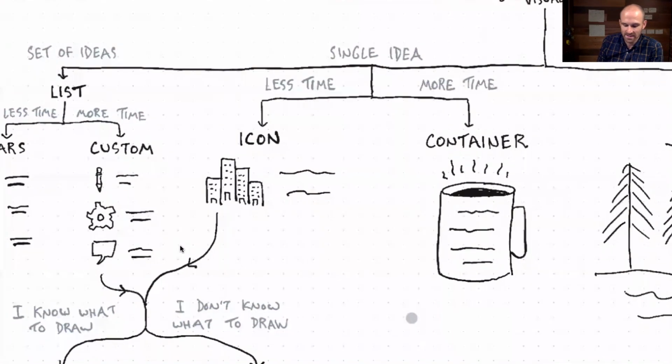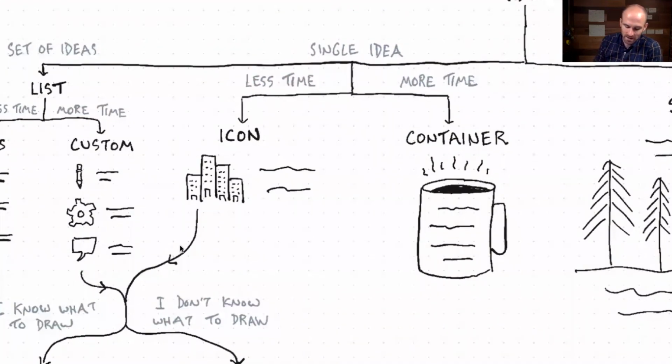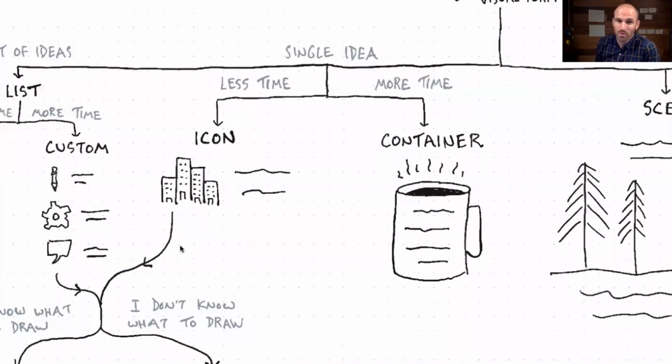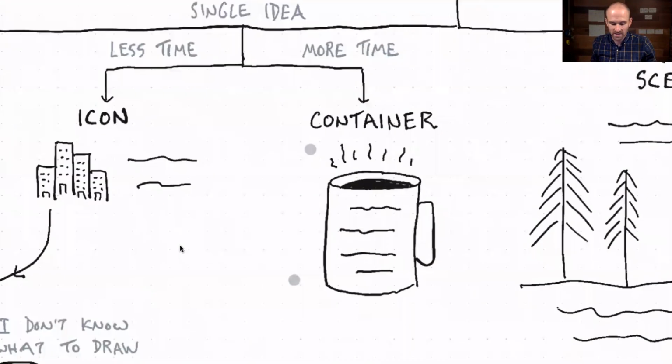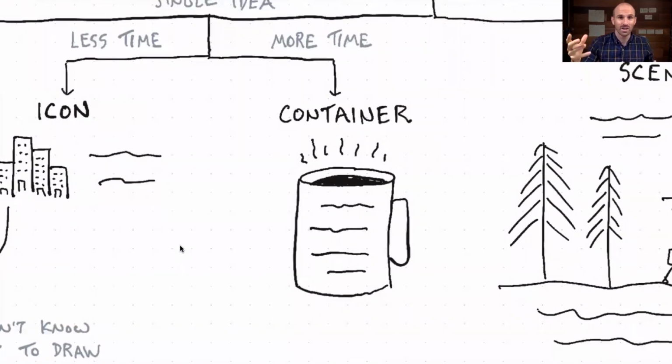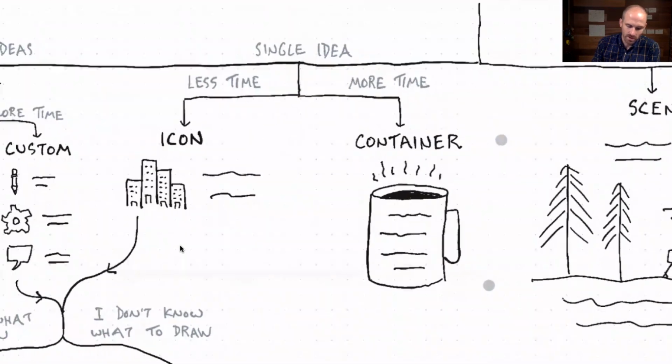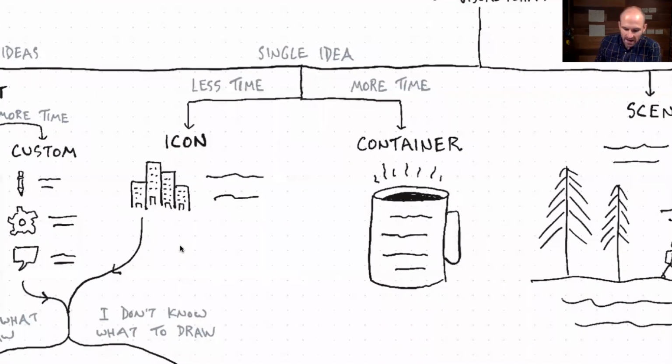But if it's a single idea and I'd like to spend more time on it, then I might go with a container approach, where I'm still drawing a visual, but rather than just the simple approach of an icon next to text, it can be fun to draw the image large enough so the text lives inside it. That's a fun way to approach the merging of the visual and verbal elements to your sketch notes. So those are my options for capturing a single idea.